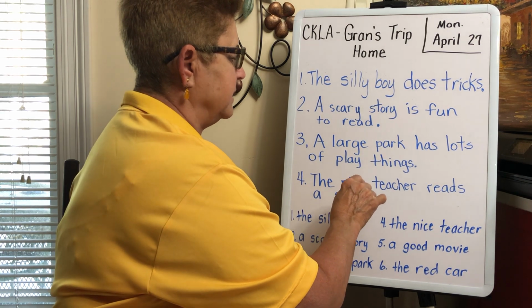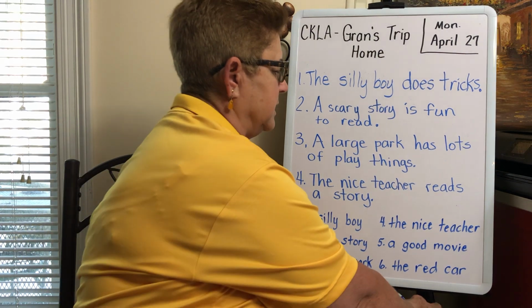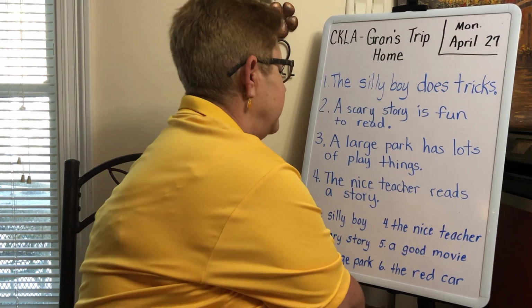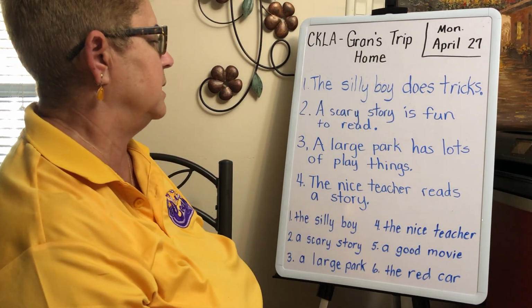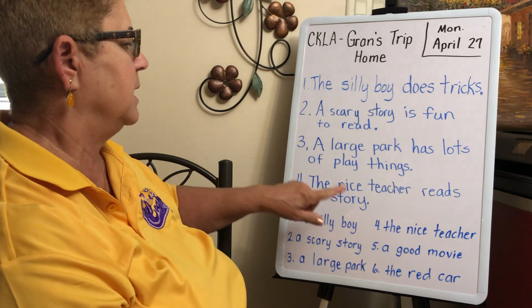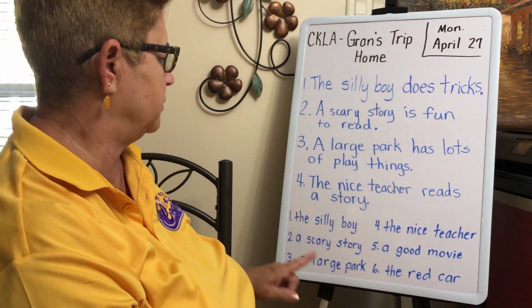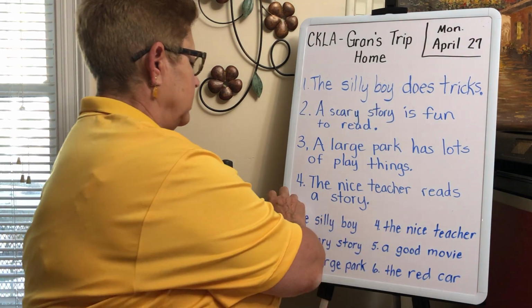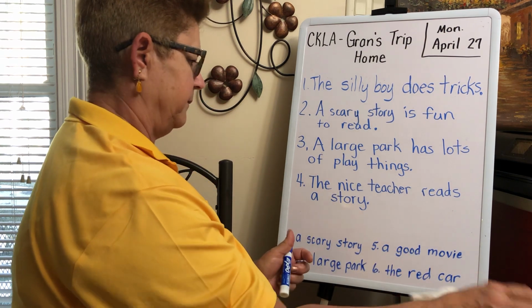So are these sentences complete sentences? Can you understand them? Do they make sense? The nice teacher reads a story, and teacher is the noun, nice is the adjective, and reads would be the action word. So now I'm going to erase this first row to make room for number 5.